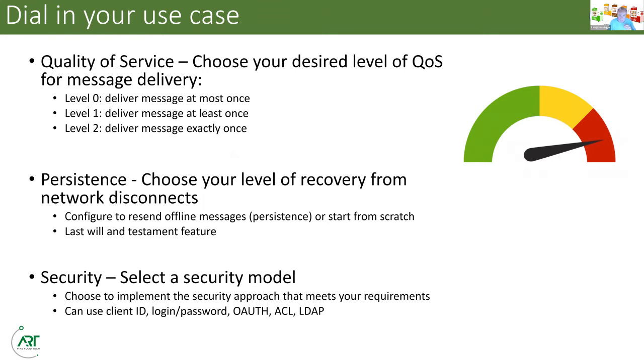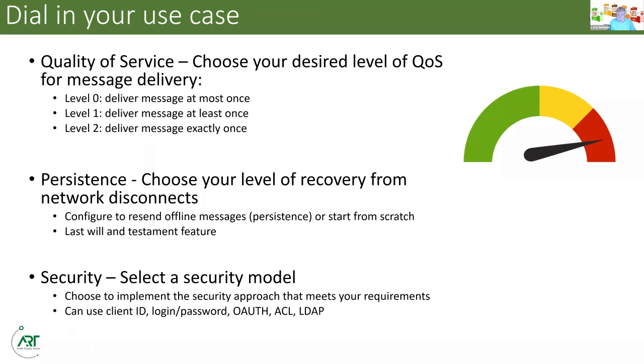in this world of asynchronous messaging. And lastly, really dialing in your security model. MQTT can scale to any given set of security requirements. At a minimum, it requires a client ID, which is just a shared secret, essentially, that allows you to establish a connection to the broker. But you can go way above that. You can use OAuth. You can use traditional login password.